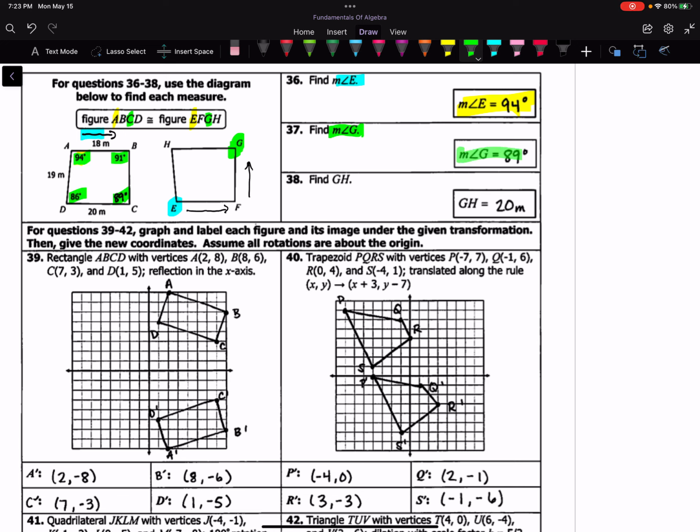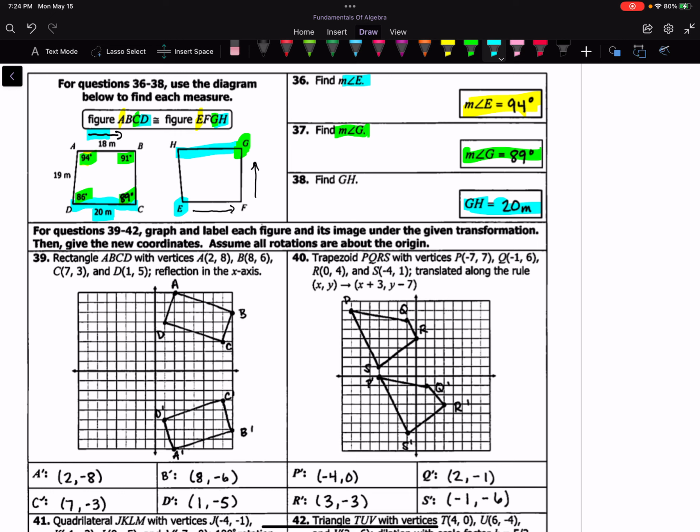So we can tell that G is also 89. And finally, we get the side length GH. GH is the last two, so that's CD. GH right here is the same as CD, and that's labeled at 20. So we get 20.